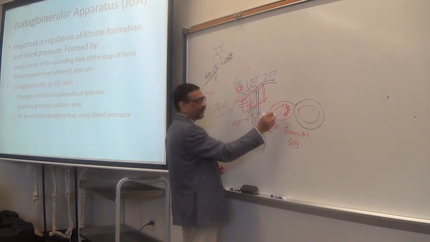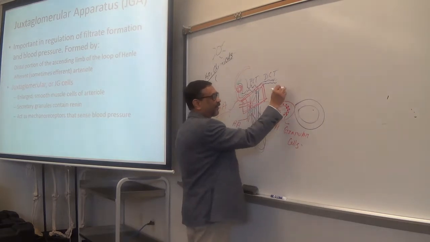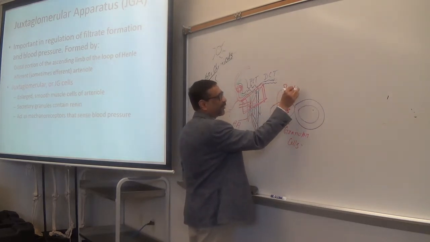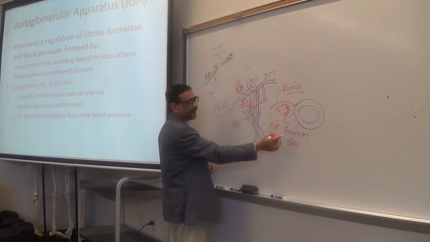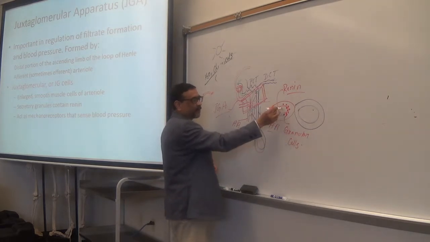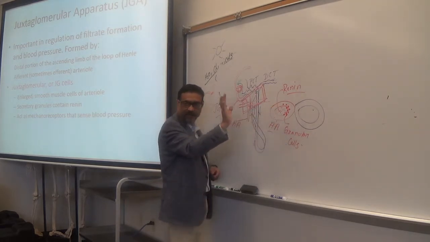This is capillary, this is afferent arteriole. So renin is secreted by the granular cells into the blood. Is it clear? To the blood.